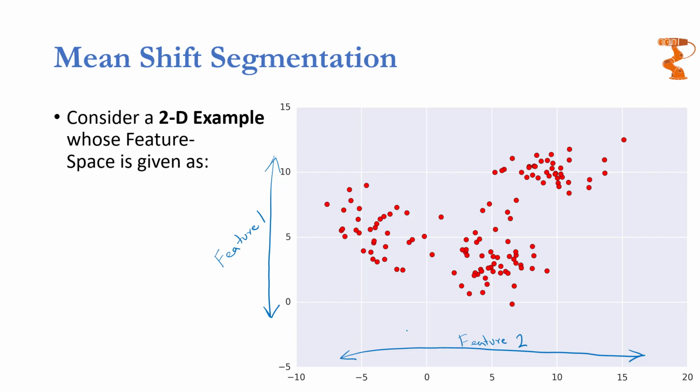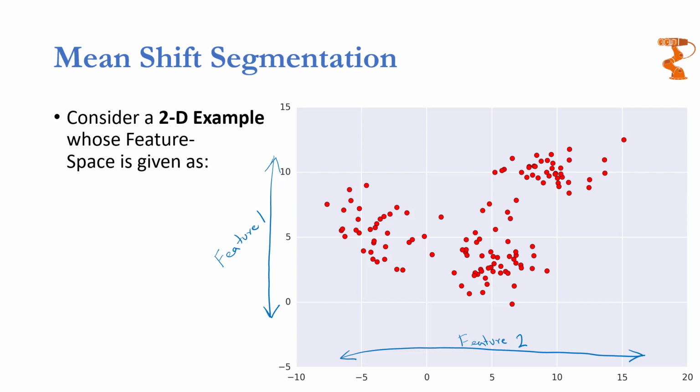So we have different objects, maybe around 50, and for each object we calculated these two feature values. These two features can be, for example, height and weight of students, or if we are talking about some objects, they can be the area and the perimeter, or the circularity and rectangularity, or weight and maximum dimension.